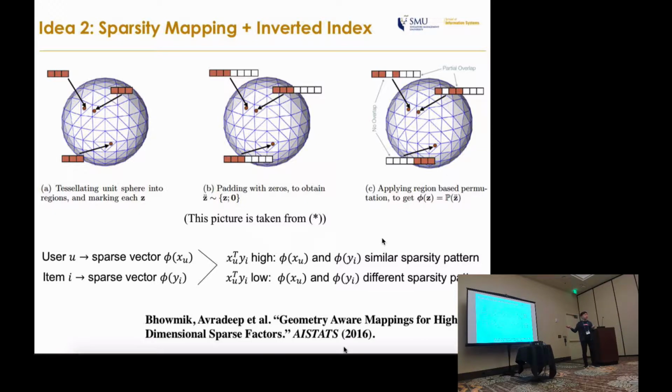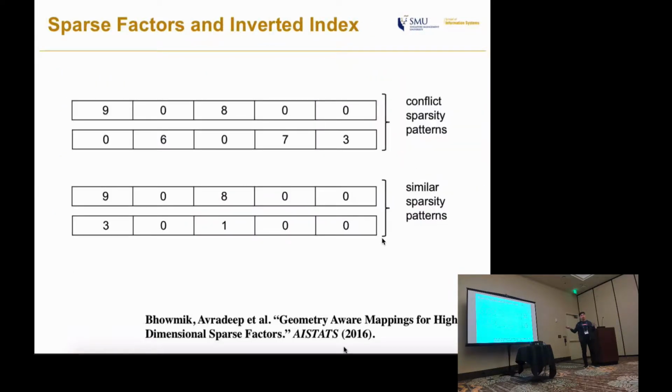Whereas in the second case, if the two sparse vectors have a lot of overlapping non-zero indices, then we define them as having similar sparsity patterns. With two vectors that have conflicting sparsity patterns, the inner product between the two vectors will be zero. Whereas if the two vectors have similar sparsity patterns, then it would result in a non-zero inner product computation.